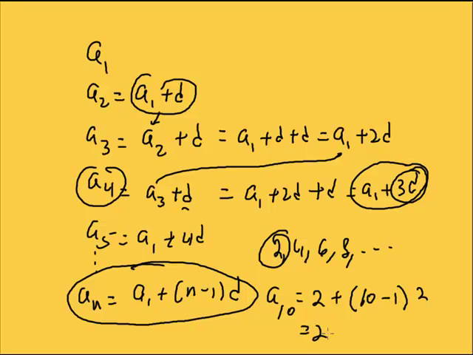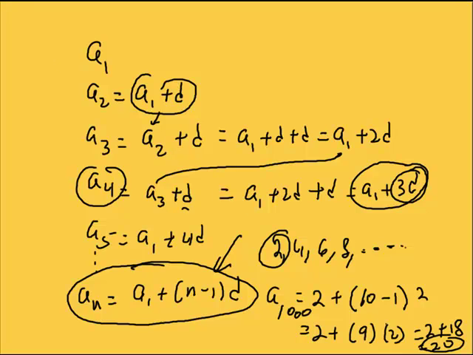So that's 2 plus 9 times 2, which is 2 plus 18, and that turns out to be 20. So the 10th term of this sequence is going to be 20. Of course, it doesn't have to be 10, it could be 1000, and you can still find that using that particular formula.